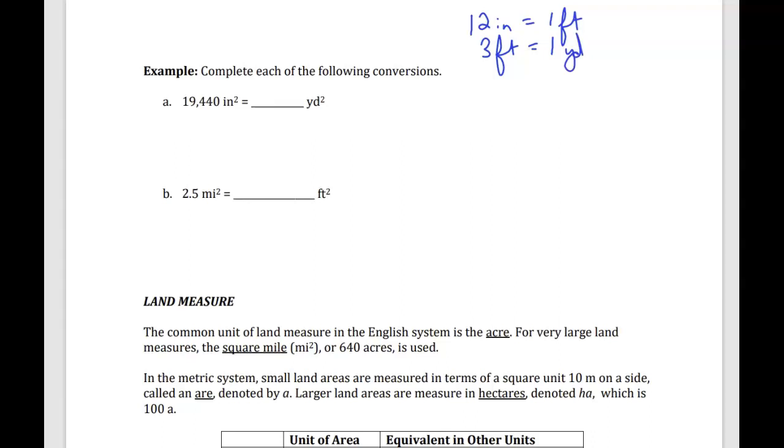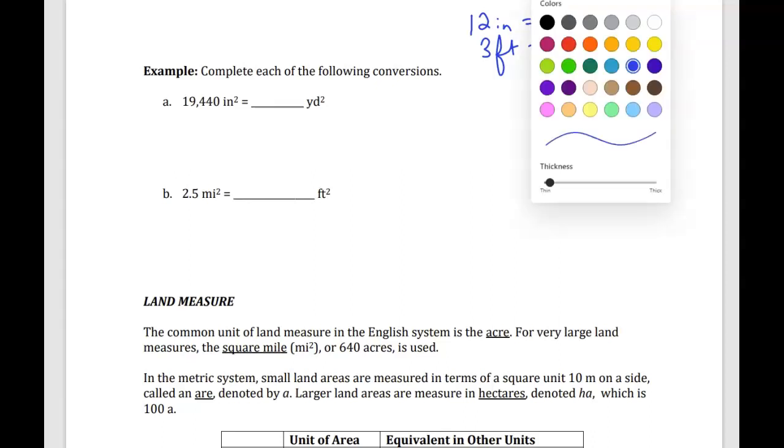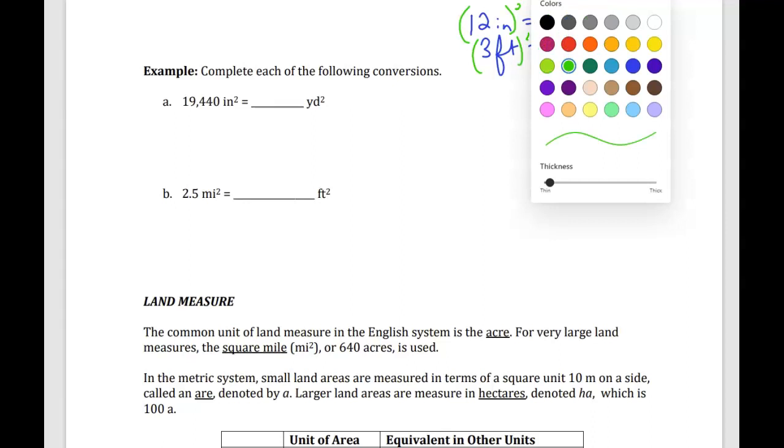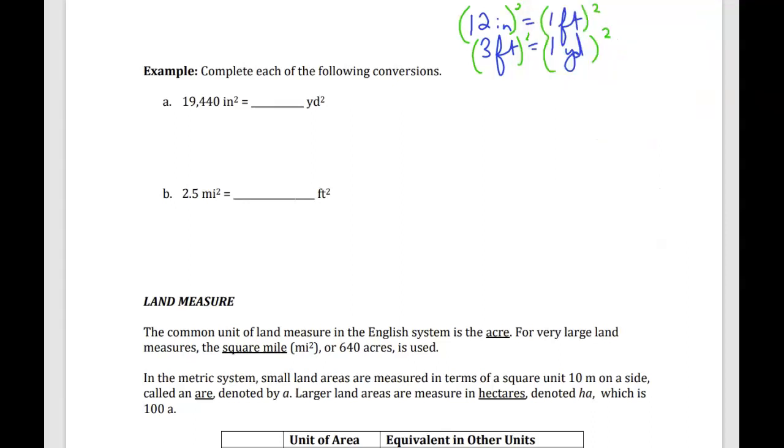In order to get squares of these, we literally square them. So what happens is we take this and we square it. We take this and we square it. We square and we square. So that means that 12 squared is 144 inches squared is equal to 1 foot squared.